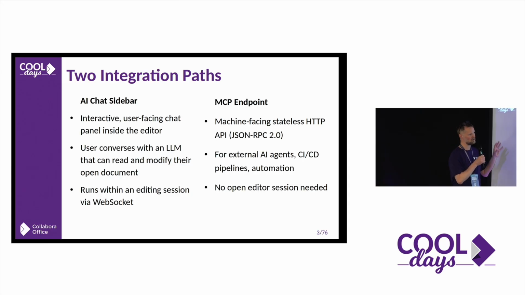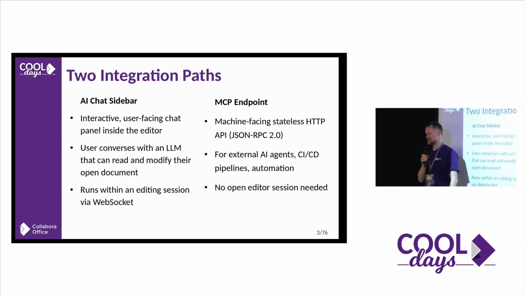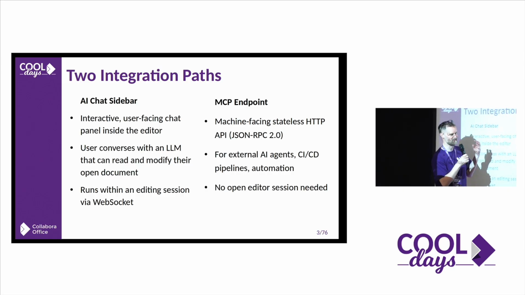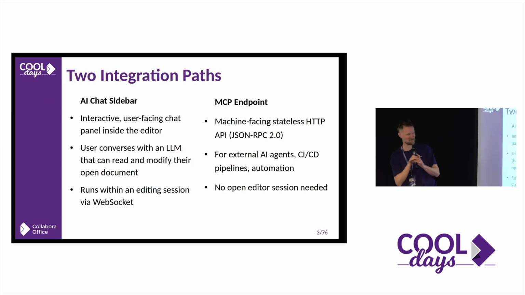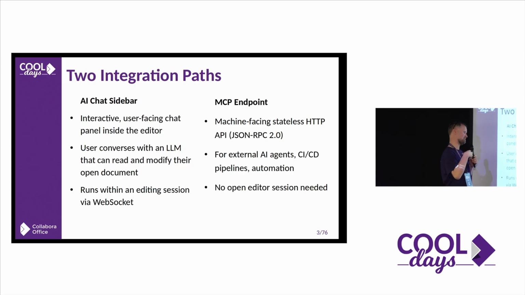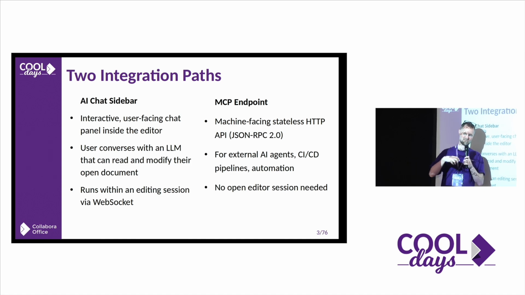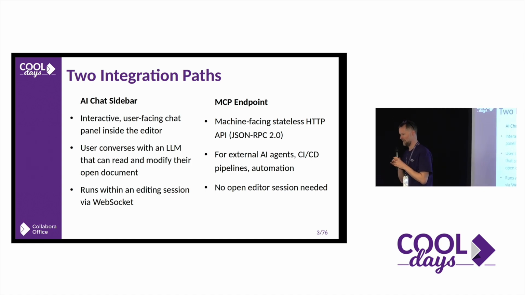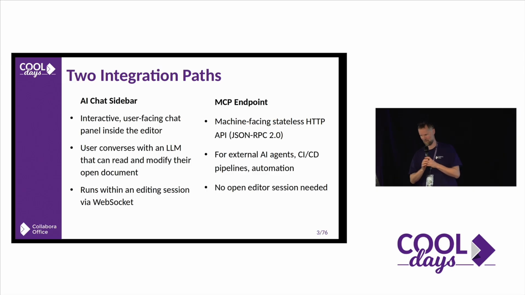But then there's a wholly different way of doing it, which is this MCP endpoint. What is an MCP endpoint, you're going to ask me? This is a way for an AI to do fun things with documents without anyone seeing what it's up to. So you can provide APIs that the AI will then be able to extract text out of documents, convert them, and we'll see some of that happening and talk about security there.